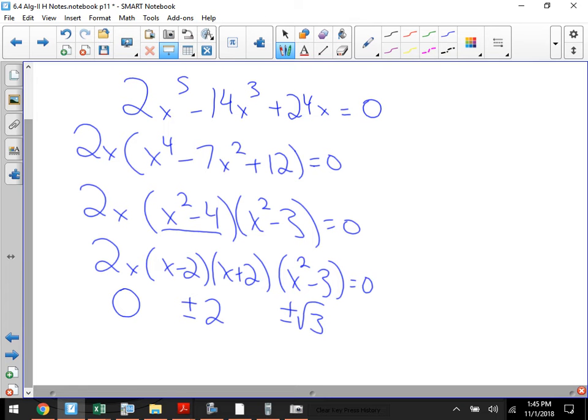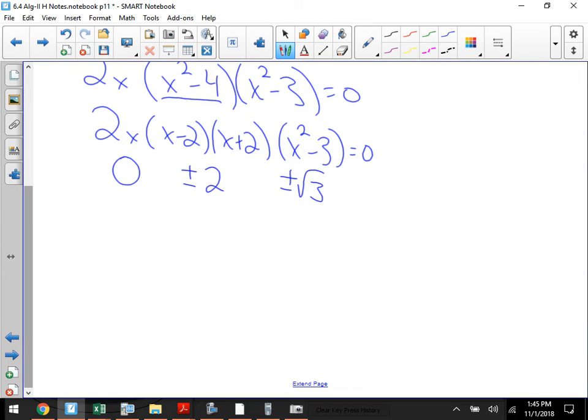Now, what? Oh, remember, when you solve for x, we set each one of them equal to 0. I can't factor the x squared minus 3, so I just set it equal to 0, add 3, take the square root, plus minus root 3. X plus 2 equals 0, and so on and so on.